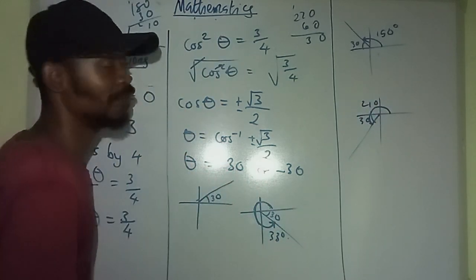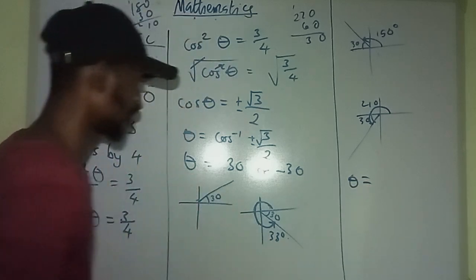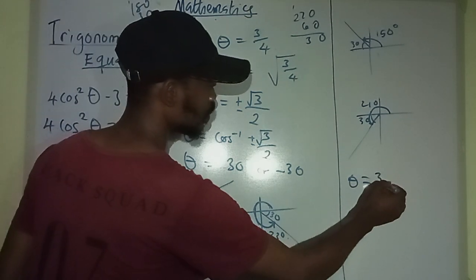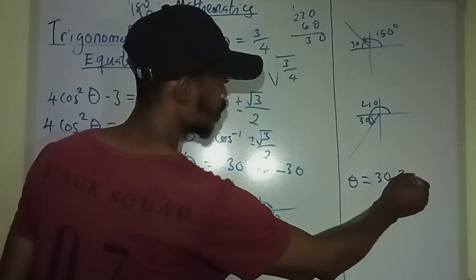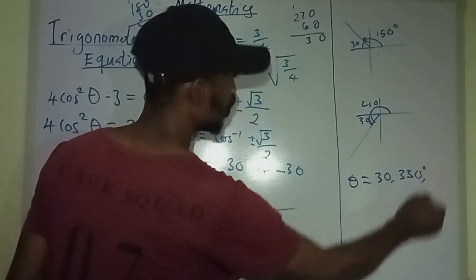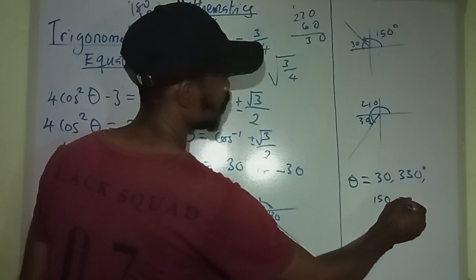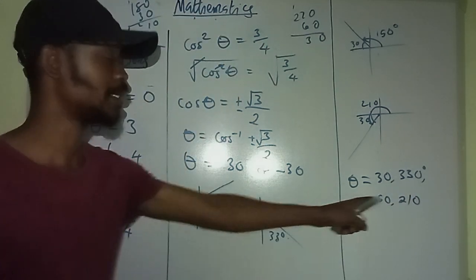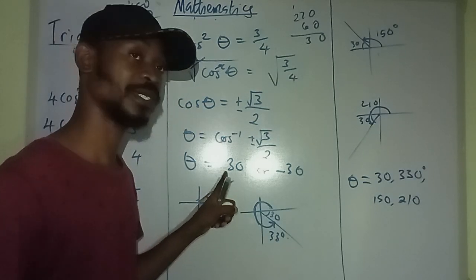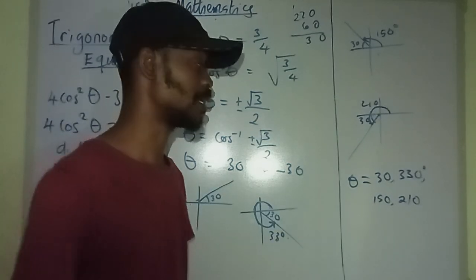So all in all, the values of theta will be 30, which can as well be 330, and then 150, and then 210. It is 30 and 330 when cos is positive, and it's 150 and 210 when cos is negative.